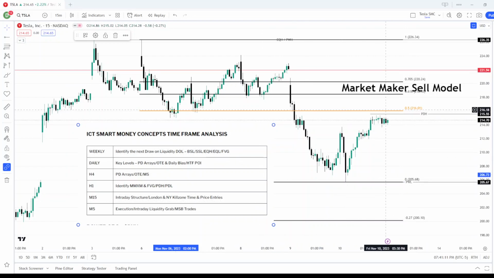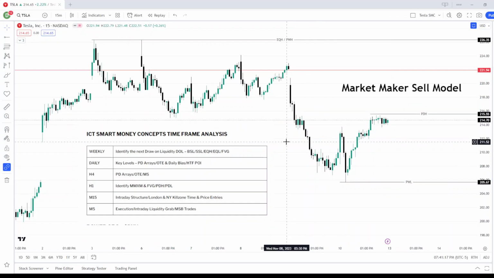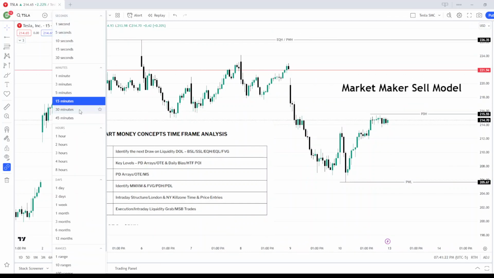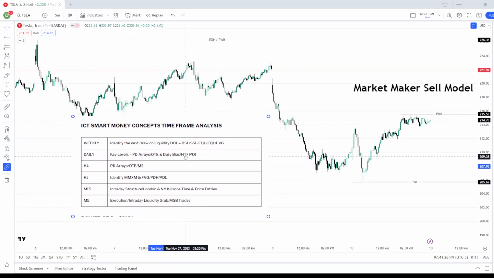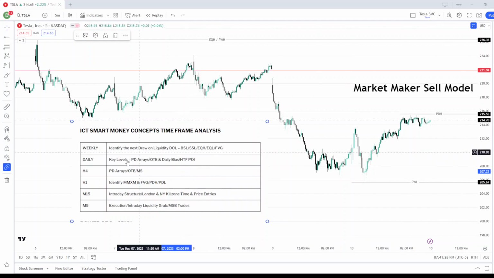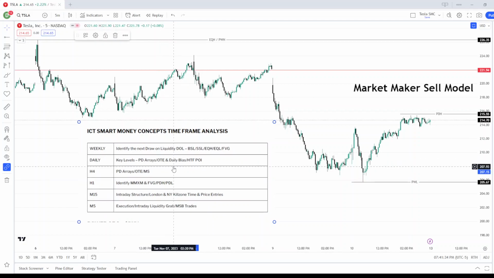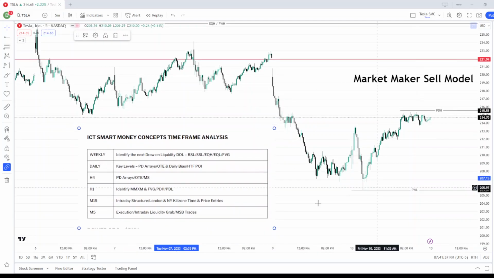Okay, so again, Friday, interesting point of interest on the market structure that we got back near equilibrium. And then if we again look into the 5-minute chart, like I said, these lower time frame charts, it's good to have your ICT Smart Money Concepts time frame analysis pasted into your chart if you're just getting started or you're newer to this.